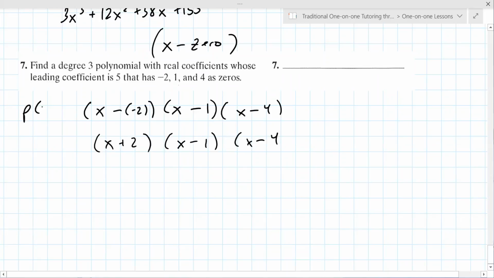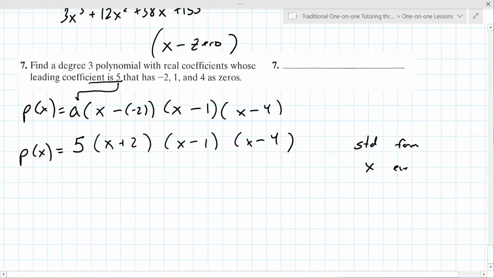Now there's usually an a here, but they're telling you what a is. They're telling you that it's 5. So this is 5 here. This does not say to put it into standard form. Standard form is when you multiply everything. This is called factor form, and it doesn't say to do that.